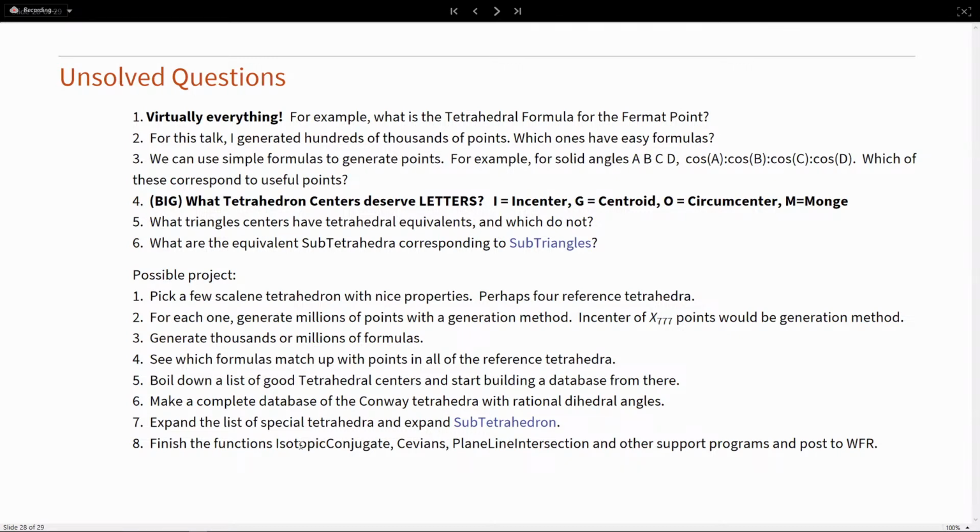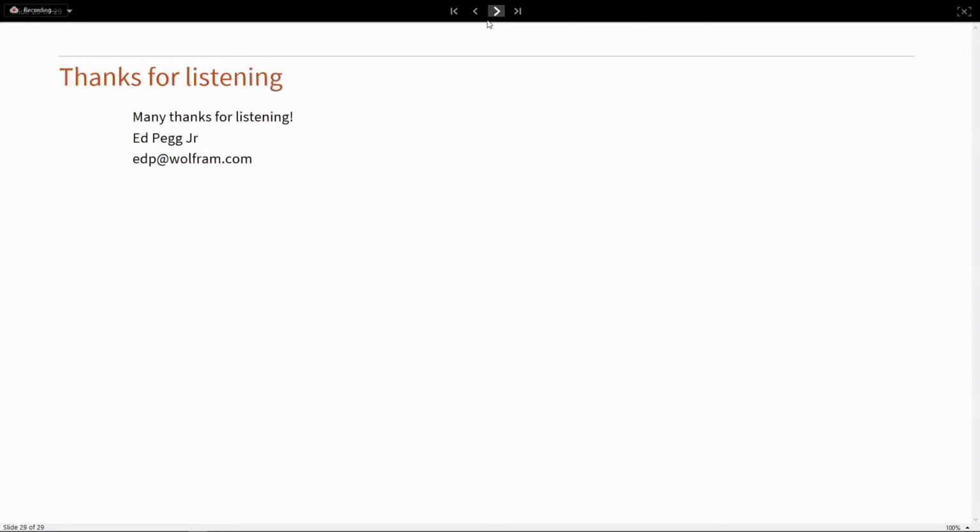I'm going to be putting together functions, isotopic conjugates, Sevians, plane line intersection, and some other support programs. If anyone has anything that works in both 2 dimensions and 3 dimensions for triangles and tetrahedra that we don't have yet, let me know about it, and I'll try to come up with a function for it.